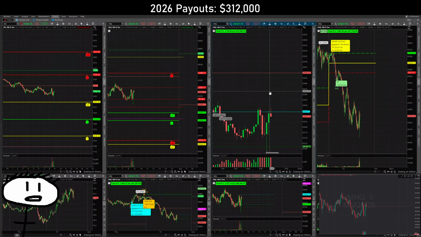So 2K of drawdown across 20 accounts. And then you get a new fresh funded account, so now you have 42K in drawdown. Well, let's say you had 19 funded accounts and you just passed your 20th. So you have 40K in drawdown.